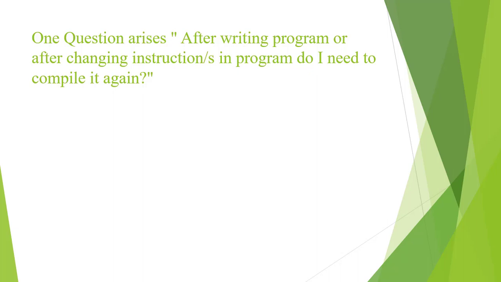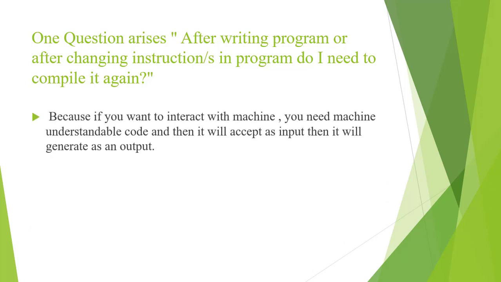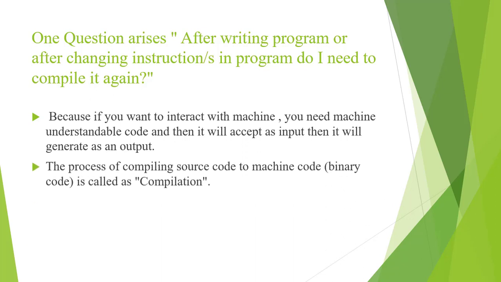One question arises: after writing a program or after changing an instruction in a program, do I need to compile it again? Of course, you should write the program first, then compile. Because if you want to interact with the machine, you need machine-understandable code. Then it will accept it as an input and generate the output. The process of compiling source code to machine code is called compilation.